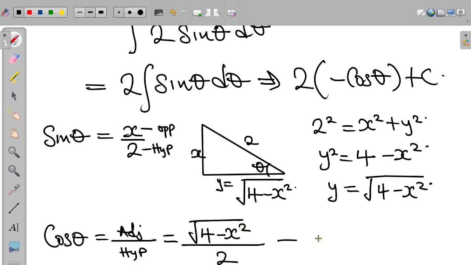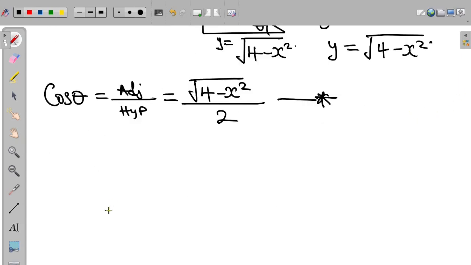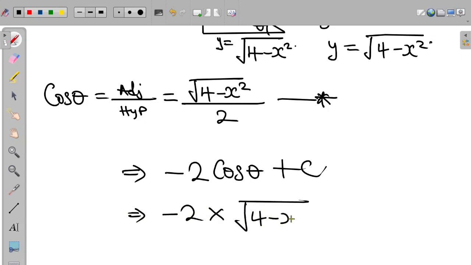At this point, we will substitute this expression here. Recall that we had minus 2 cos theta plus c. So this becomes minus 2 multiplied by root of 4 minus x squared, all divided by 2, plus c.